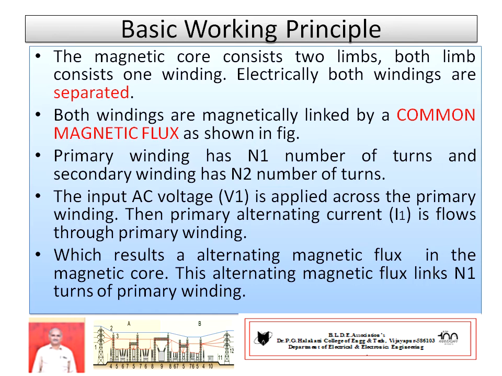So come to the point, when you apply AC voltage as input, it results in a flow of primary current, which is also an alternating current I1. This flow of alternating current develops an alternating magnetic flux in the core.